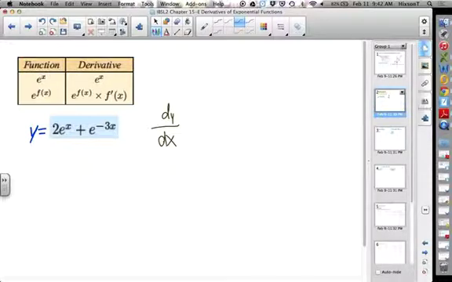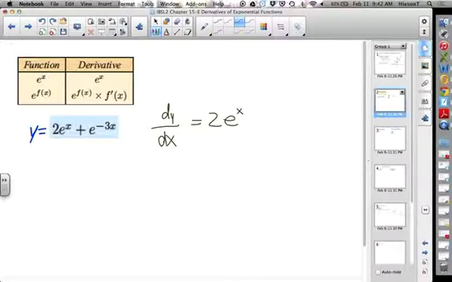Just save the 2 for after, so we take the derivative of e to the x and then multiply it by 2. So that's just 2e to the x. That's the derivative of that first portion. Does that make sense, everyone? Okay.